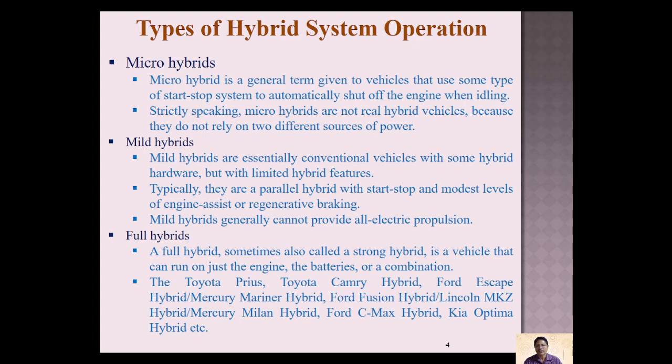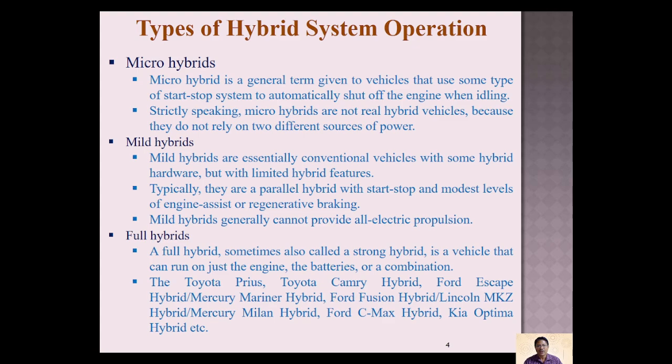But even though it's a hybrid, it cannot provide all-electric propulsion. It also functions as regenerative braking, so it can regenerate electricity and store power in the battery. So mild hybrids are low-powered hybrids, we can say.